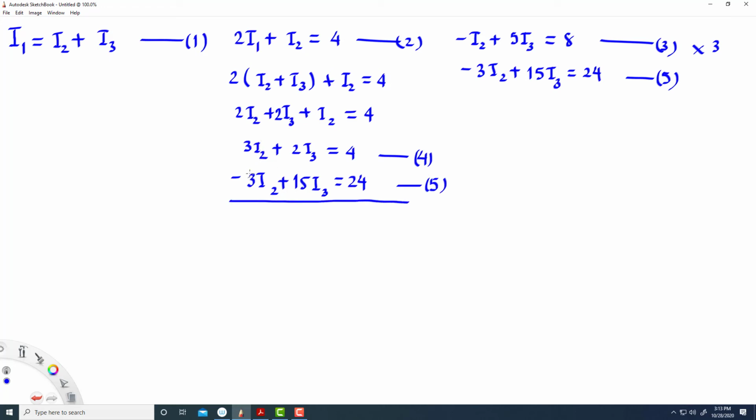When we add the two equations, the I2 terms cancel. 2I3 and 15I3 add to 17I3, and 4 plus 24 is 28. That gives I3 equal to 28 over 17. If I do the calculation, I get 1.64 amperes.